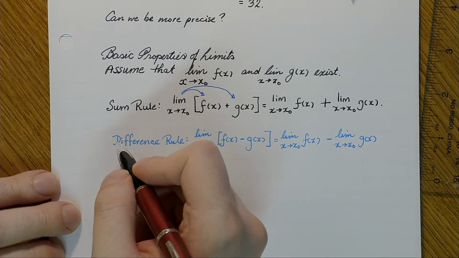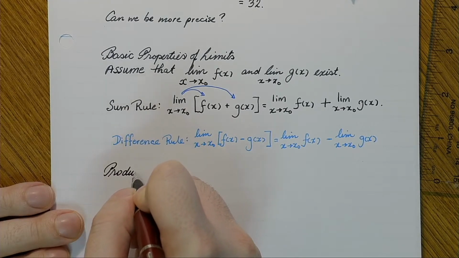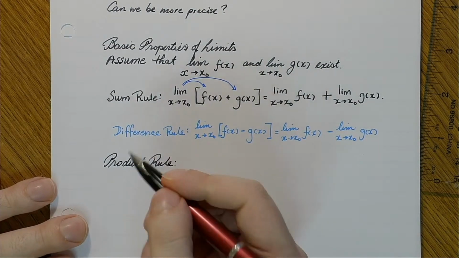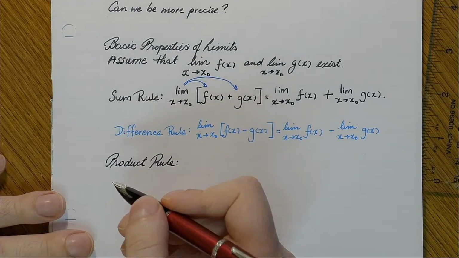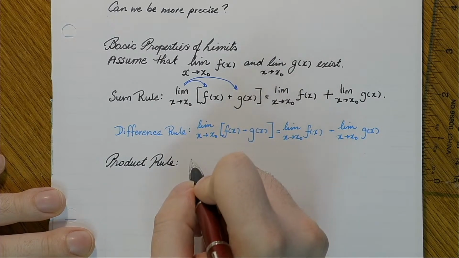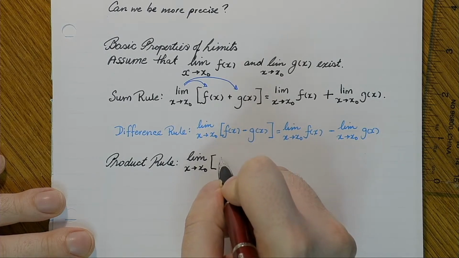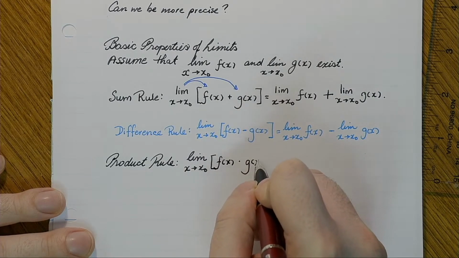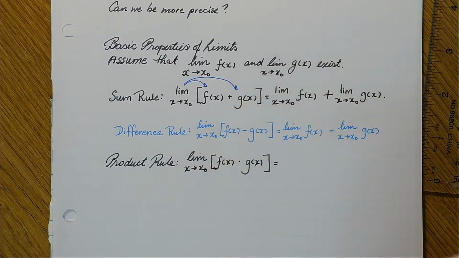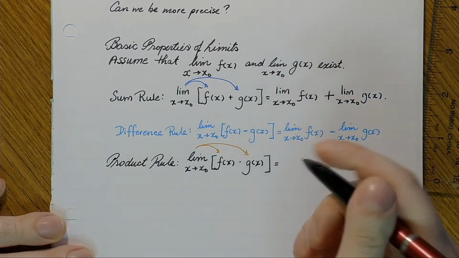So if we've done addition, then the next one that we'll do is multiplication. So we can do a product rule. Same idea, a product meaning a product of two functions. So I can have the limit as x goes to x naught of f of x times g of x, and so again the same idea of just distributing the limit onto each function.